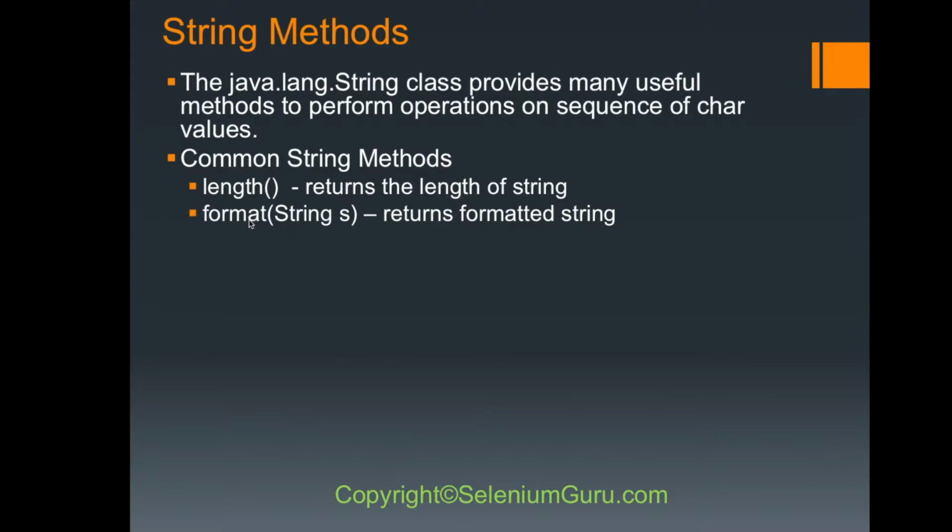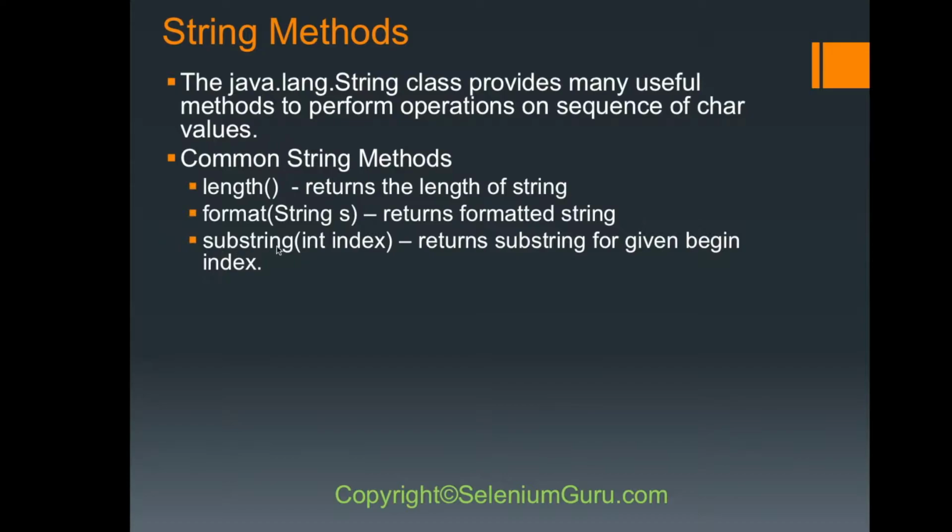The format: we learned about this string interpolation where you use this format. We did String.format, and instead of using a lot of plus concatenation, we used String.format and string interpolation. And also the substring method here. Let's say you wanted to get certain characters from the string.